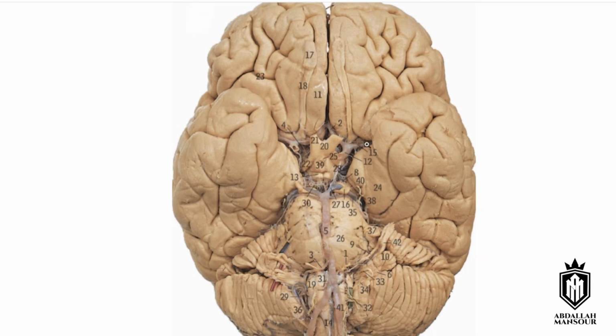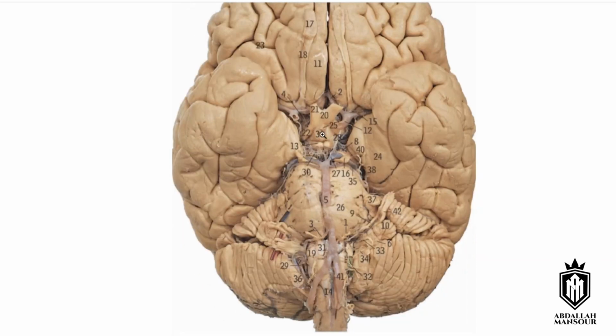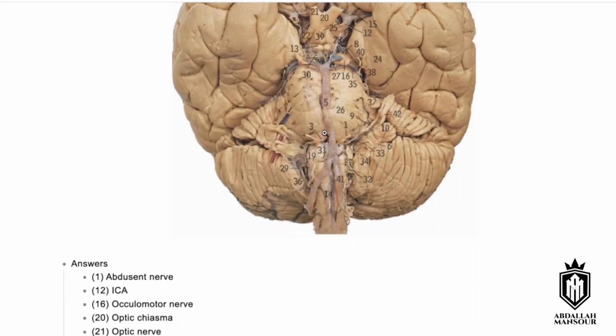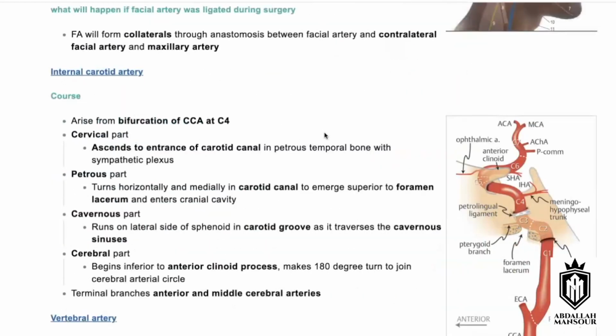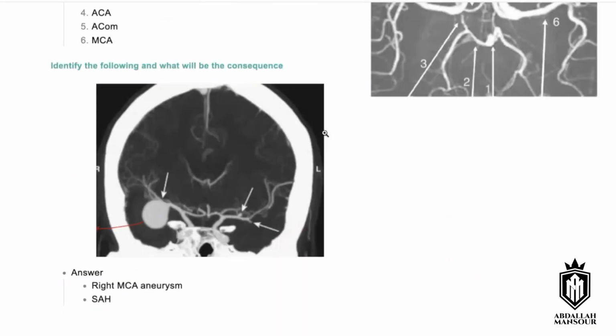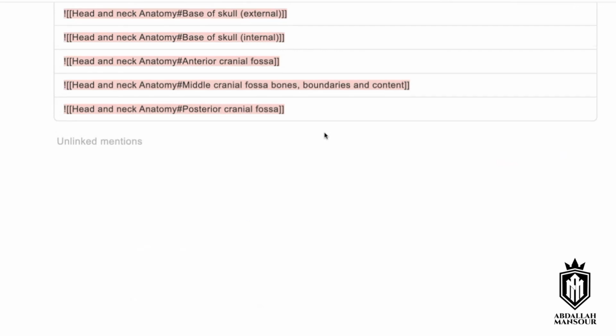And 15? Middle cerebral. And 2? Anterior cerebral. And 20? 20 is the optic chiasm. And 21? Optic nerve. And 22? Optic tract. Well done. And 39? 39 is the pituitary stalk. Yeah. Well done. So let's apply this to these images, if that's okay.